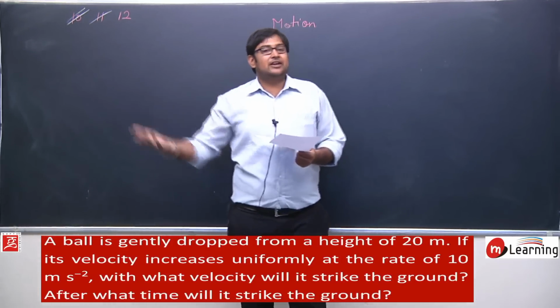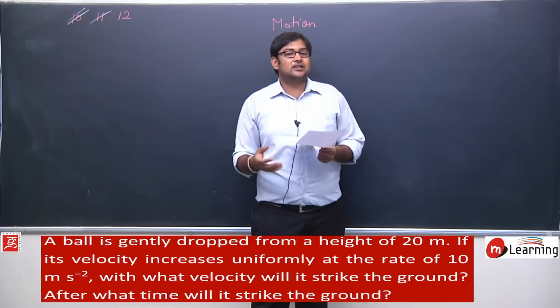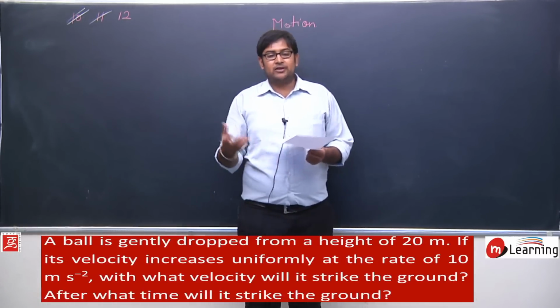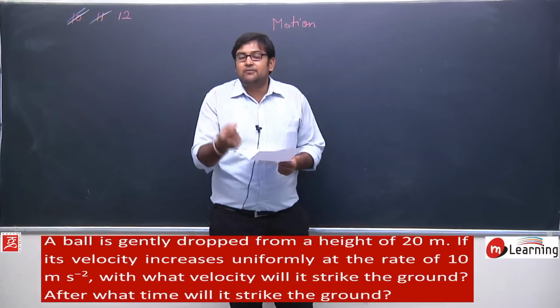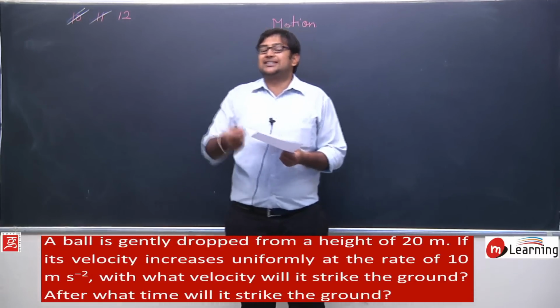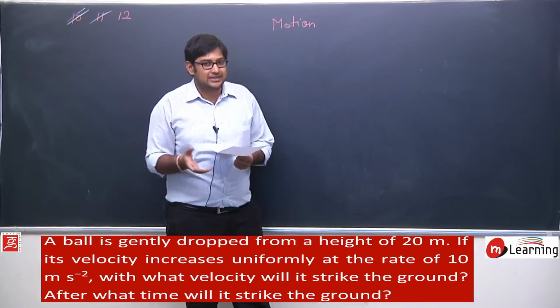Okay, in the chapter gravitation we will learn this concept that whenever a body falls under the influence of gravitational force, we call it a free fall, as well as there would be the acceleration which is called acceleration due to gravity, which is equal to 9.8 meters per second square.